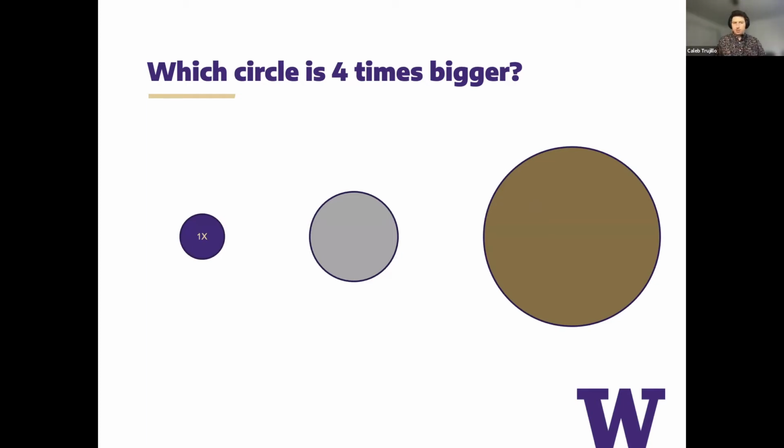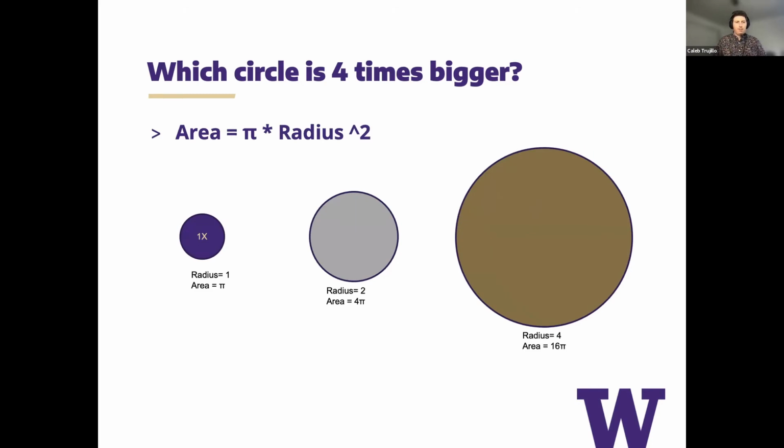Yeah, so let's do the same kind of math here. Focusing on area, the area of a circle is pi times the radius squared. So if I make the radius double or quadruple, twice as big or 4 times as big, the area actually ends up being squared that much. So from the purple one to the gray, I now have an area of 4 pi.